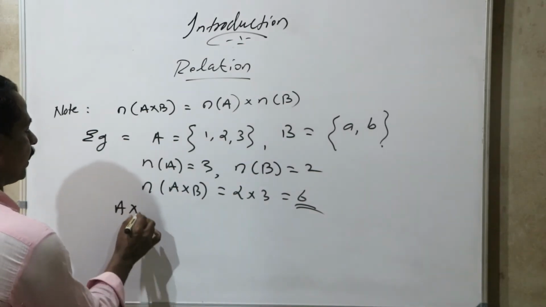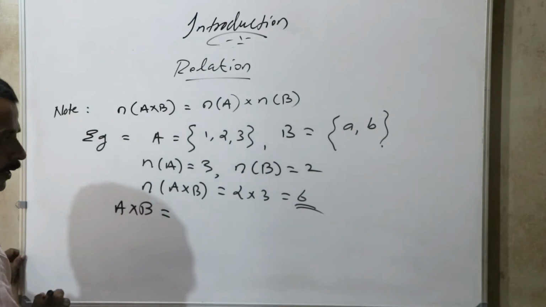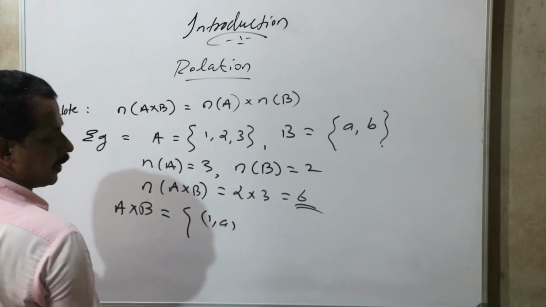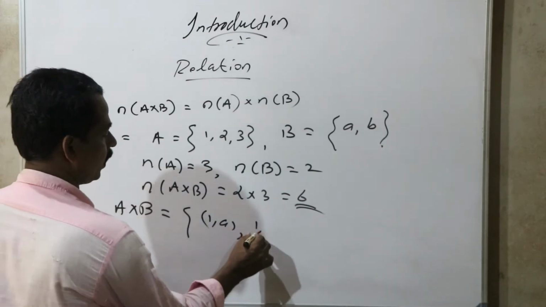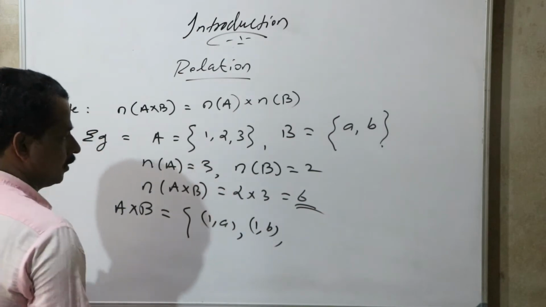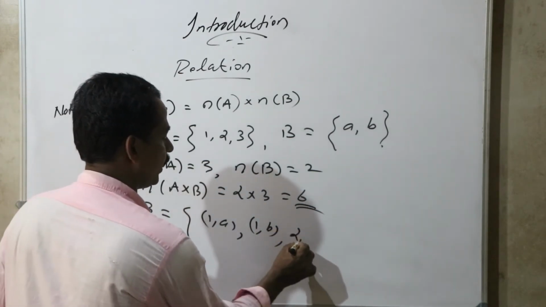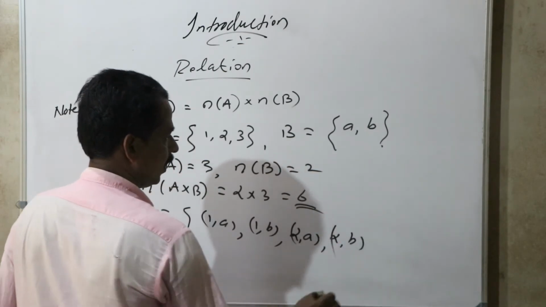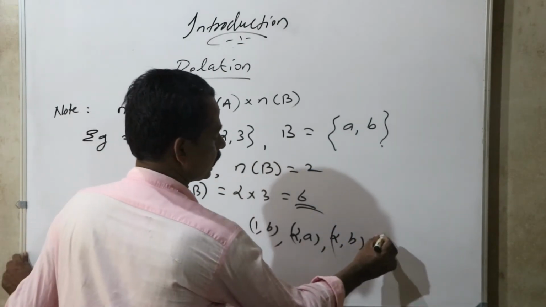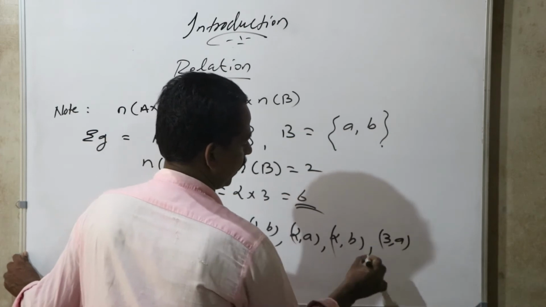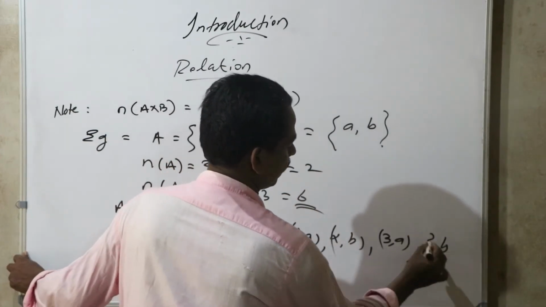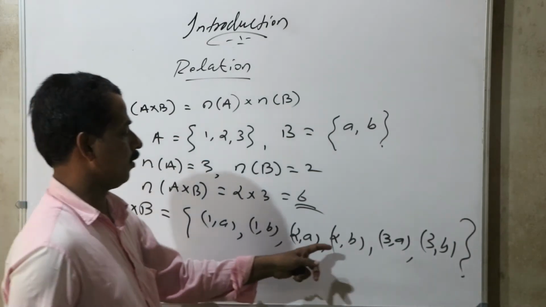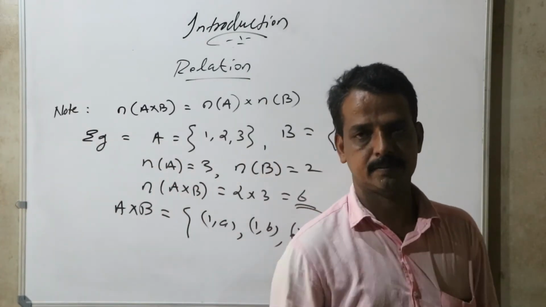A cross B equals 1A ordered pair, 1B ordered pair, 2A ordered pair, 2B ordered pair, 3A and 3B. 1, 2, 3, 4, 5, 6. 6 elements. Okay?